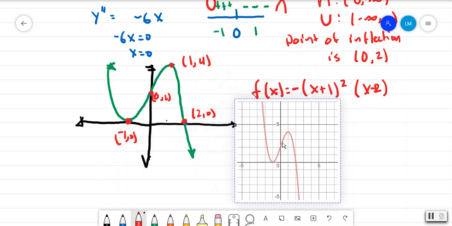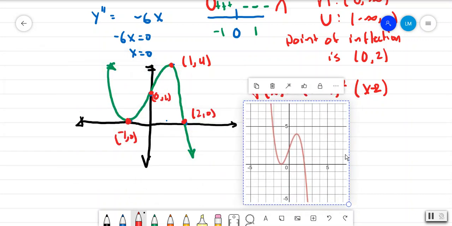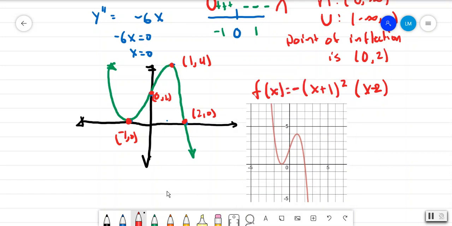So notice that our sketch looks a little rough. However, this sketch compared to that, it's not too bad. It has that the end behavior rises to the left and then falls to the right. And then we have our max right there.